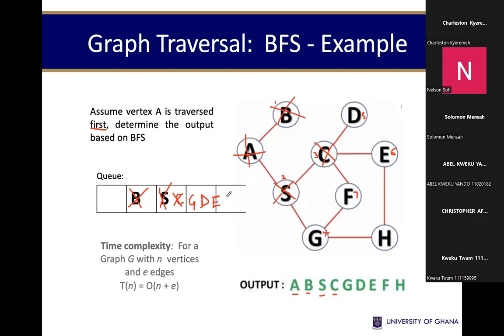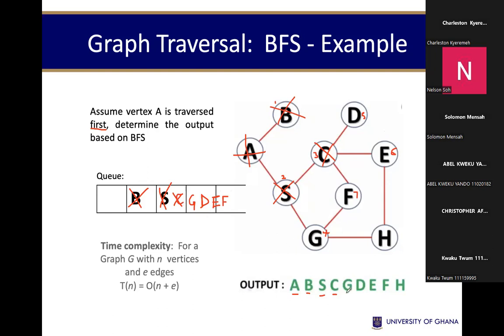And then F. And these are already inside the queue. So if you check, because C is gone, we are left with J.